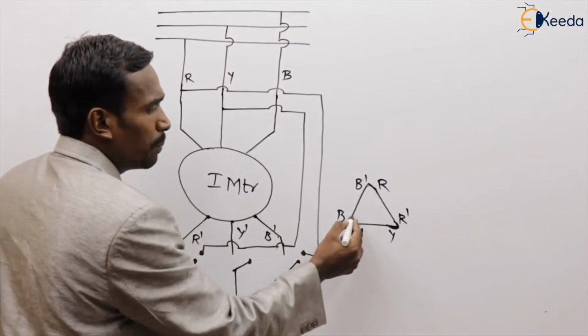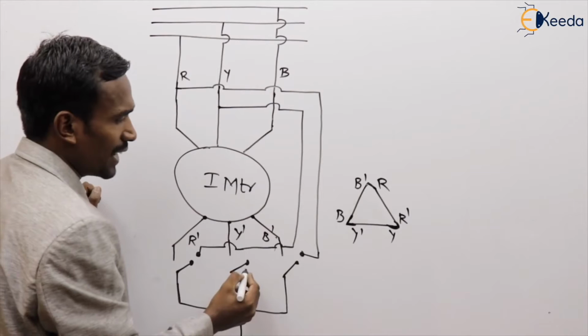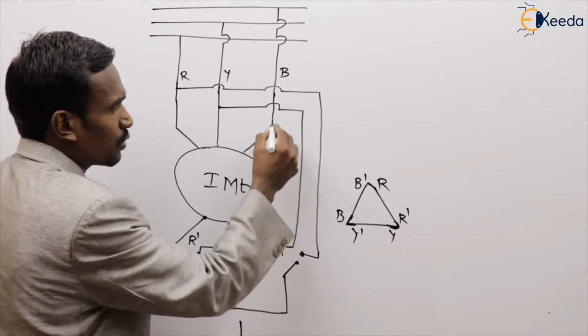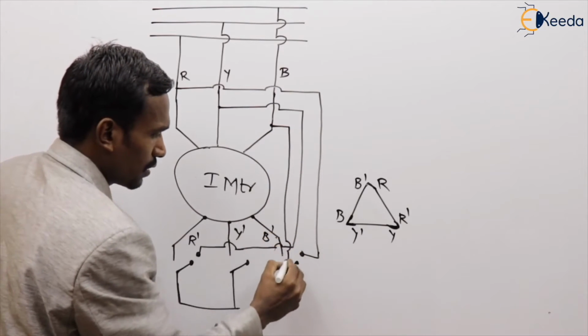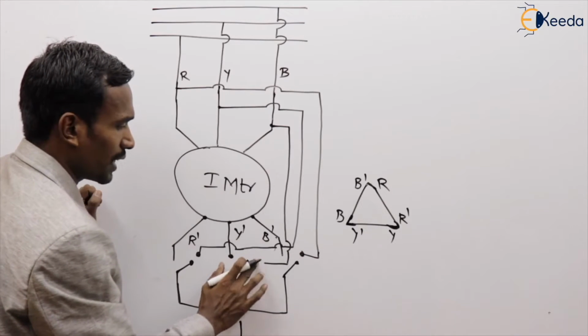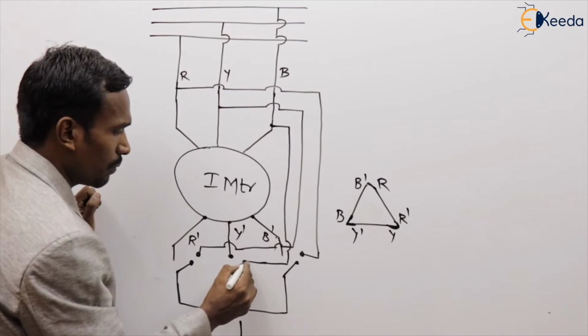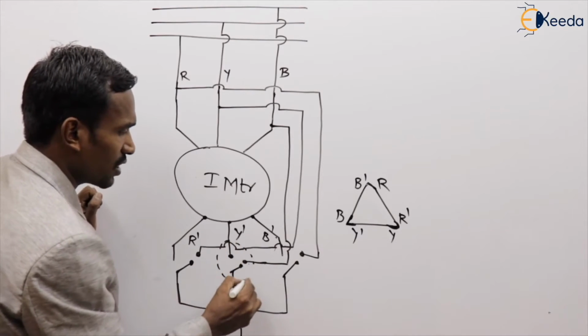And next, B should be connected to Y dash. Like this, for example, my B should be connected to Y dash.